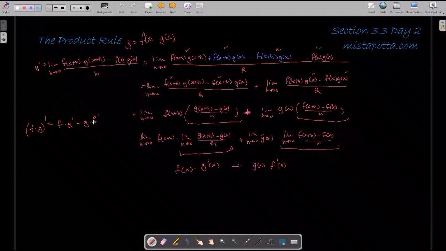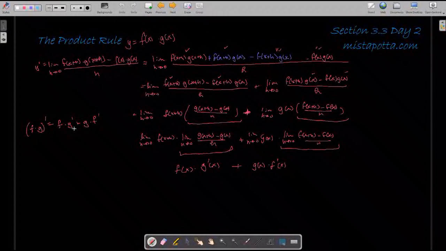Now, we were expecting what we knew from limits, the idea that the limit of a product is equal to the product of the limits. And what we've discovered is that for the product rule, that's not so.